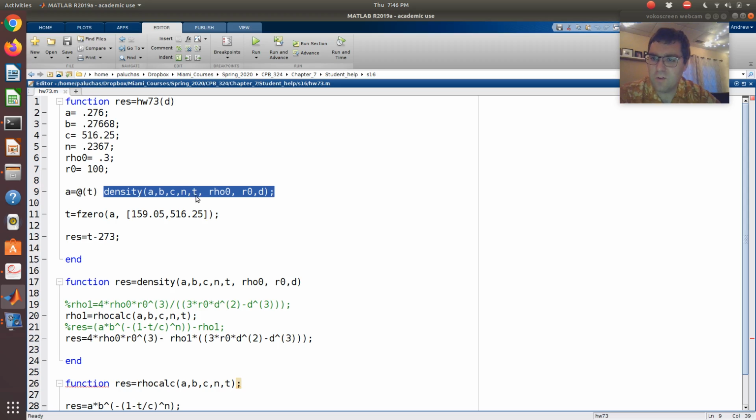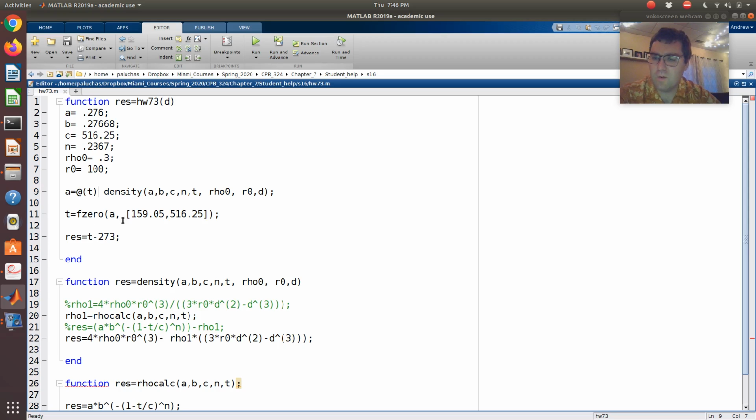You pass it to that function via an anonymous function so that the only unknown variable left is T, and you're assigning that to A. One thing I'm not sure how it works, I think it should be fine, is that A is also the name of your variable up here. I believe this should behave like a variable assignment where you evaluate the right-hand side, so this would be A, the constant up here. But it does seem a little odd, so we'll check into that.